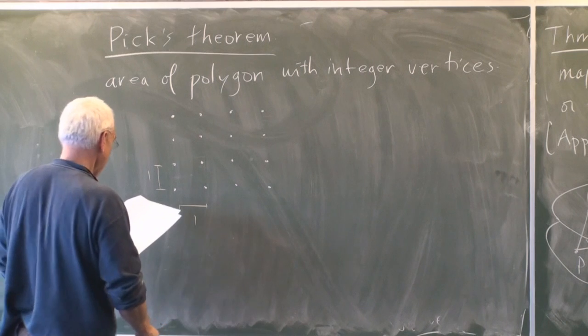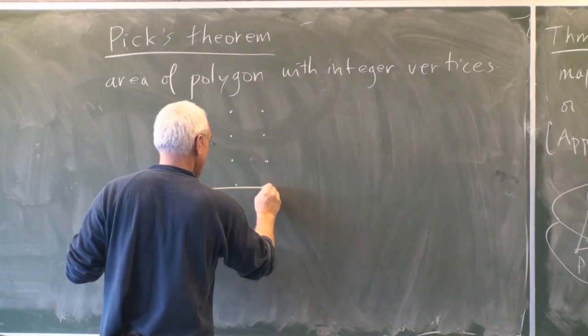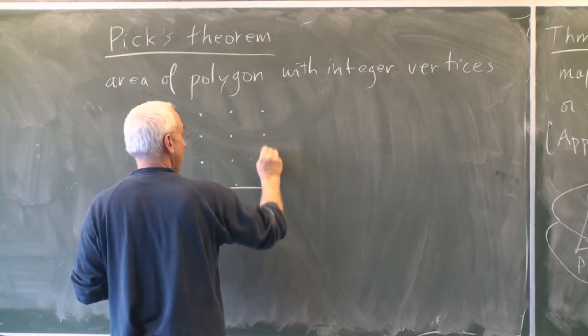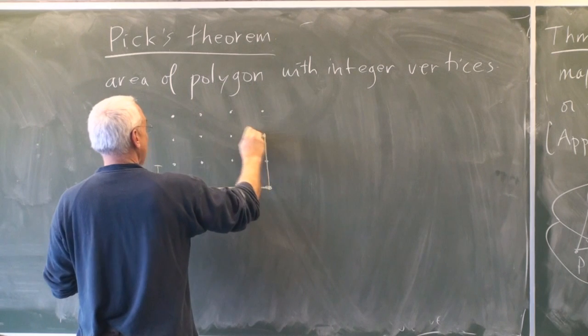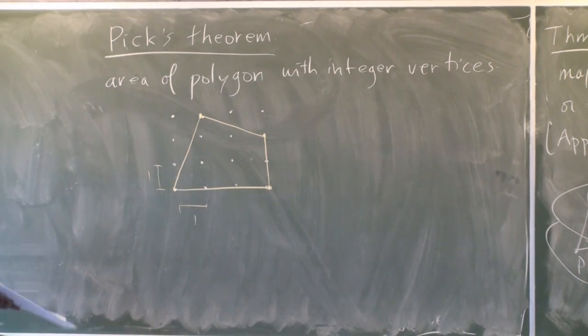And let's say we have a polygonal region whose corners are on our grid. Say that one right there.